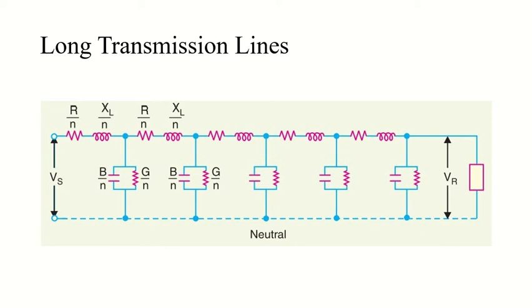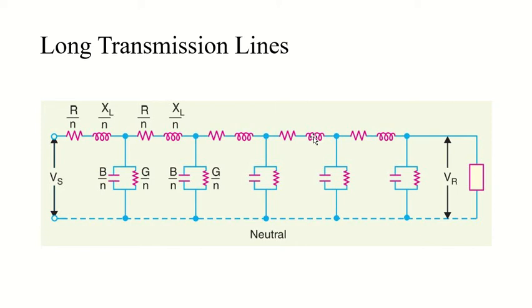Because of this uniform distribution of line parameters, the voltage and current will be different at each and every point. If I'm having a voltage at one point, at another point I will have a different voltage. Same with current: if I have a current I1 at this point, then I will have some different current IN at this point.